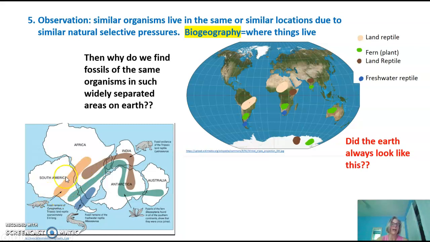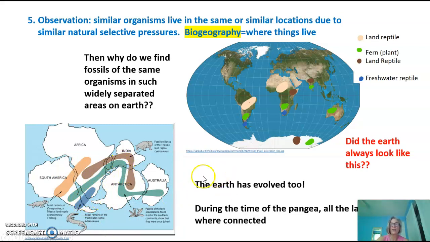And in this time when they were connected, there were similar natural selective pressures because these were similar environments in terms of precipitation and heat and predators and things like that. The same with the land reptile and the fern and the freshwater. So because the Earth has evolved too, during the time of Pangea, the land masses were together and the animals were able to traverse these large areas. This shows a change over time.